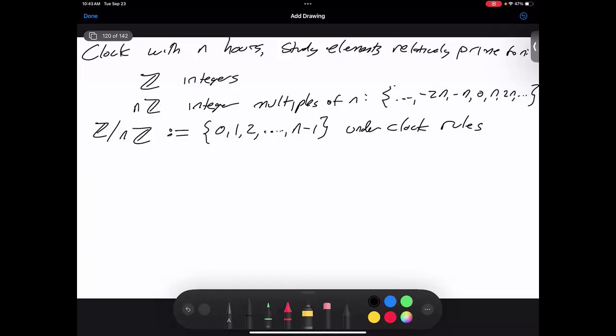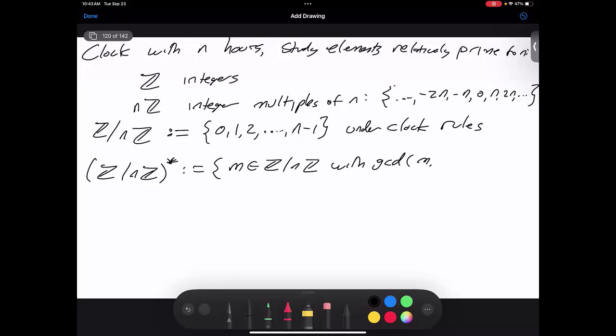And then the next one is Z mod nZ star. This is all m in Z mod nZ with the GCD of m and n equals 1.